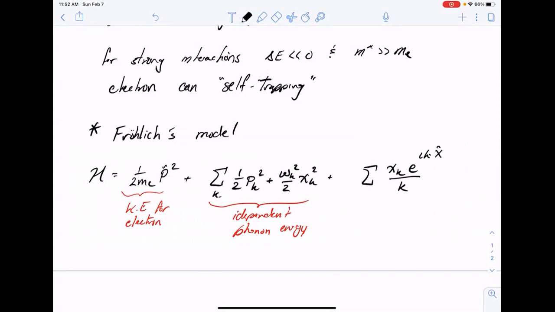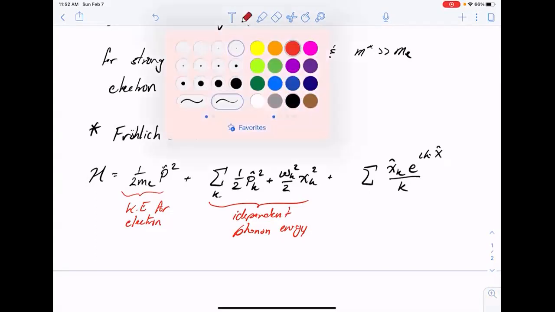So I get one gradient of the Coulomb potential in Fourier space that would bring down a factor of ik, canceling out one of the k's in the 1 over K squared. So the x here, little x and little p, those are the operators for the phonons.